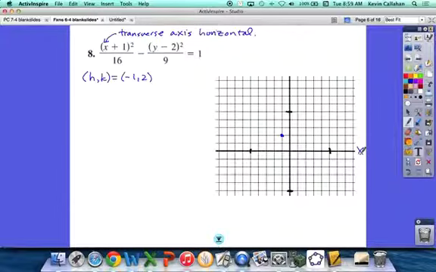So what is the value of a? What is the value of a squared? A squared is 16, right? So a equals 4. That tells us in a horizontal direction, we're going to go 4 to the left and 4 to the right. Those are going to be the vertices.